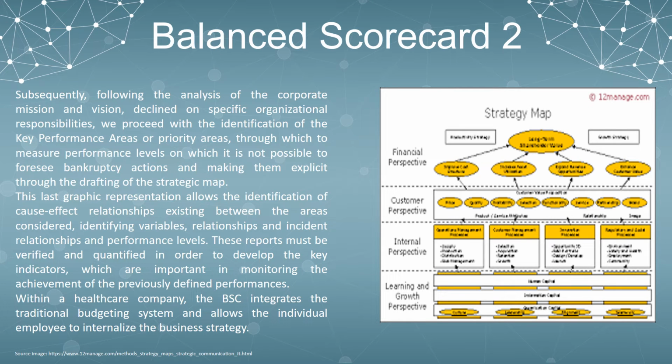The analysis of the corporate mission and vision declines into specific organizational responsibilities. We proceeded with the identification of the key performance areas or priority areas through which to measure performance level, and making them explicit through the drafting of the strategic map.